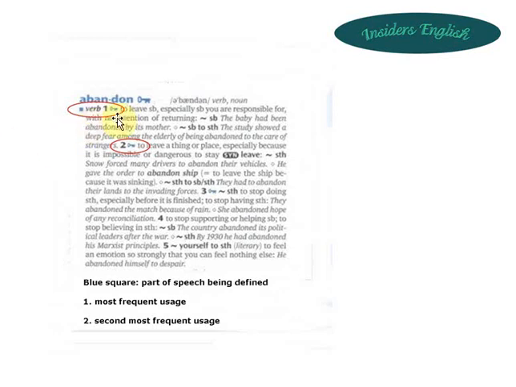Number 1 means that this is the most frequent usage of the verb abandon. You also have number 2, number 3, number 4, number 5. Obviously, number 2 is the second most frequent usage. Number 3, the third, the fourth, the fifth.